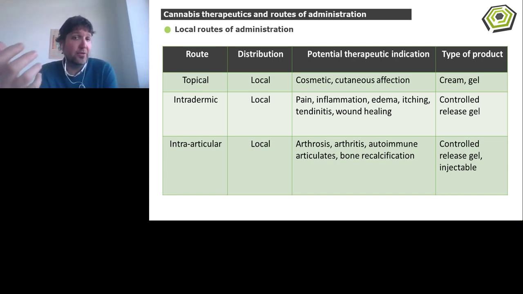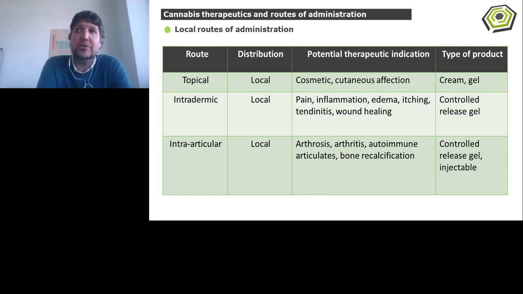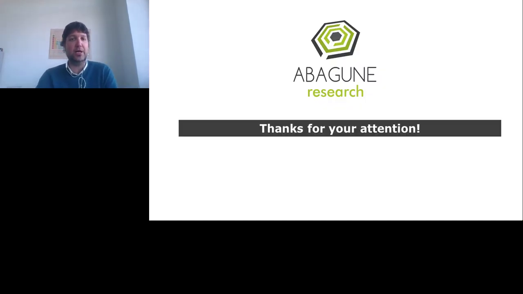Finally, the intra-articular administration. We know that cannabinoids have a lot of therapeutic promise for inflammation and joint diseases. So being able to place these molecules right in the place where they are needed will probably and likely increase their efficacy also. So this is the end of my presentation. I really wanted to send this message about education.